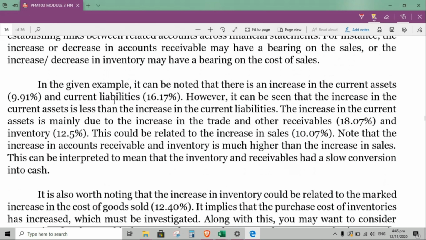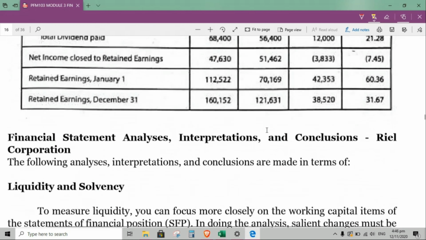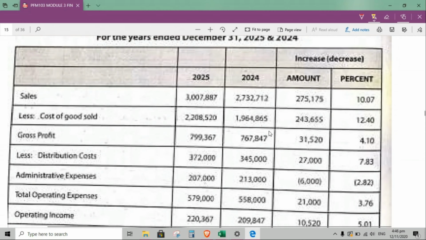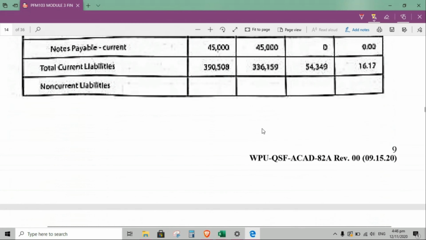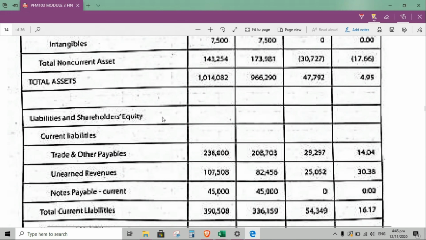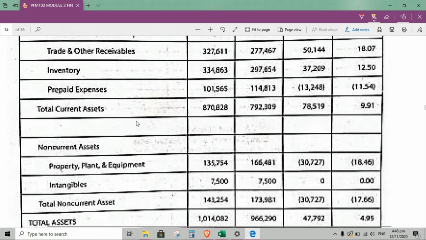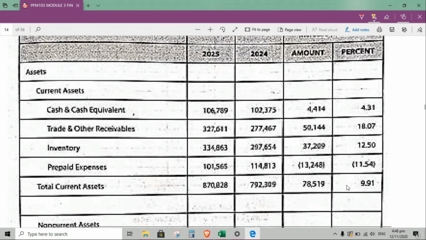Okay, so in the given example, it can be noted that there is an increase in the current assets and current liabilities. However, so 9.91% tsaka 16.73%. So, balik tayo sa kanyang balance sheet. Current assets niya raw ay tumaas. Yung current assets. Yan.